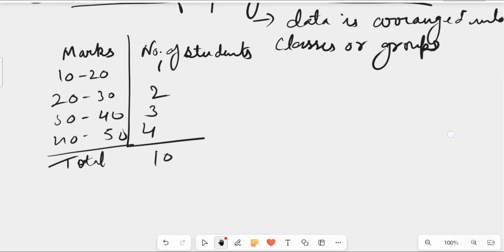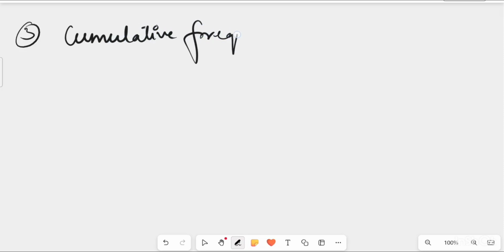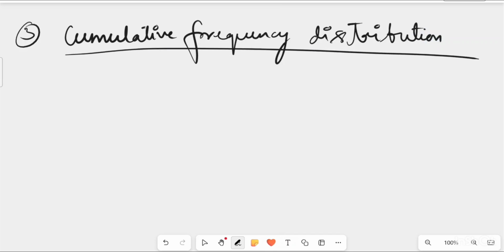After this is cumulative frequency distribution.